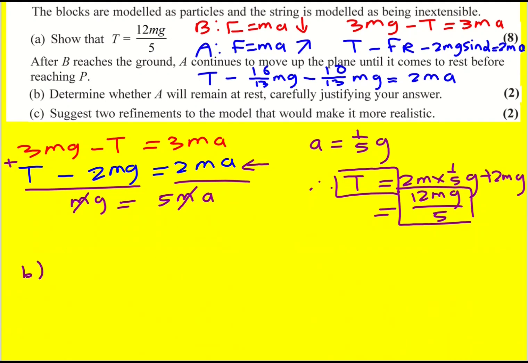So what is going to happen after B hits the ground is that there's still going to be a component of weight acting down the slope. Sorry, that is the weight, and then there's a component acting down the slope. We've still got our normal reaction, which is exactly the same, so I think it was 24 over 13 mg.